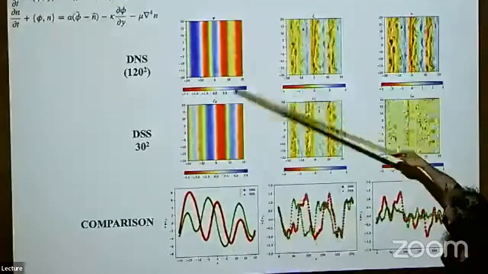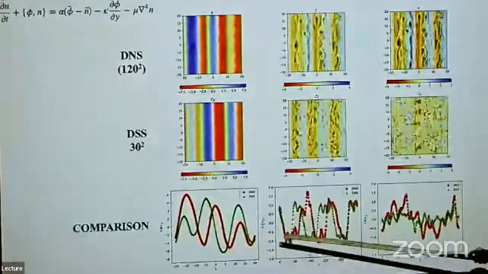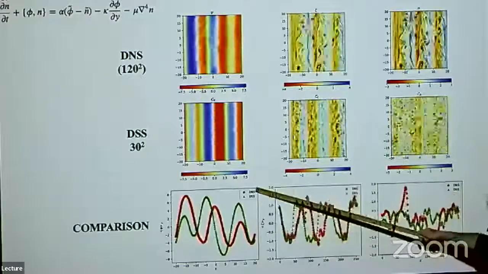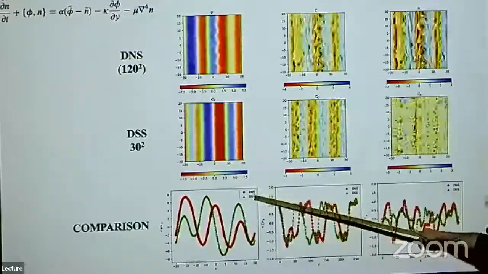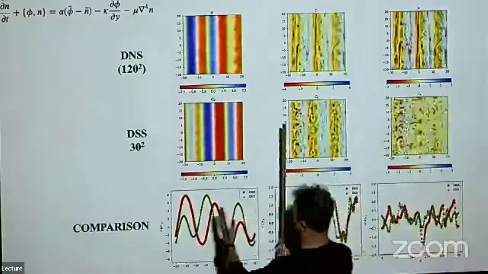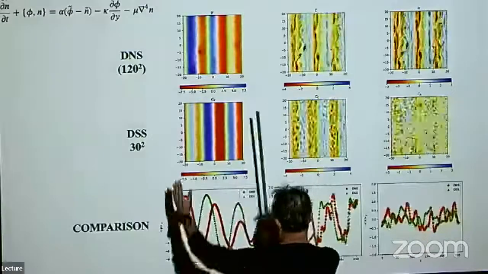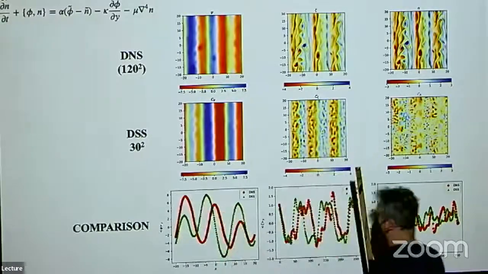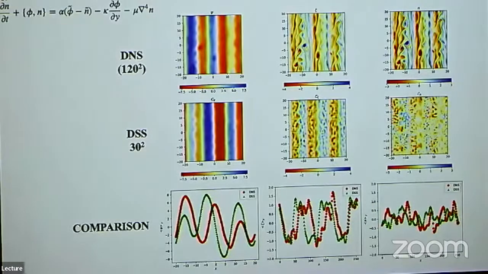If you do a comparison of DNS with DSS, it's not doing badly. The reason these are shifted is because it's periodic, so there's symmetry. So we could shift it anywhere we liked and line these things up, but we didn't. So we're still working on this.